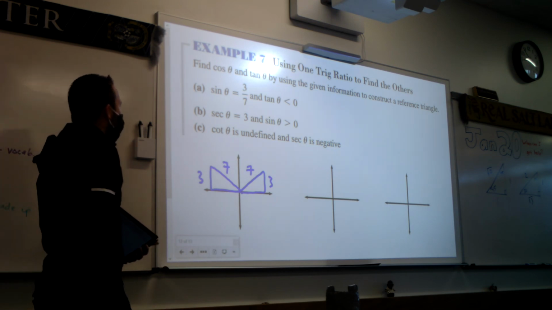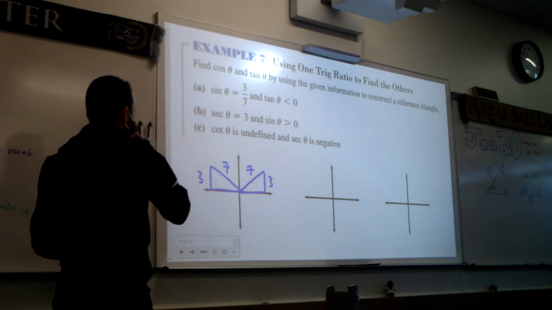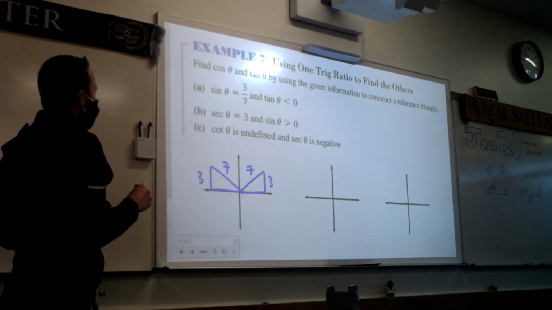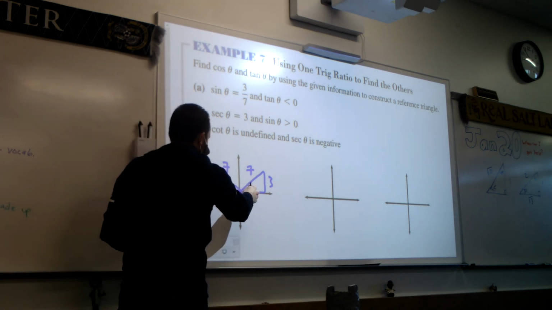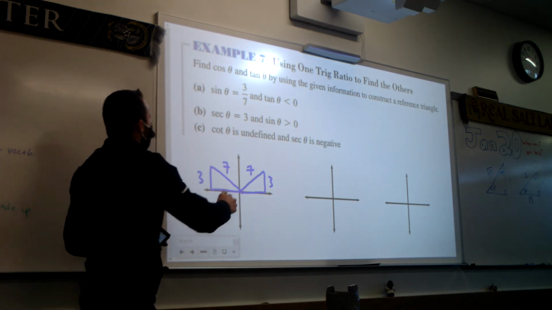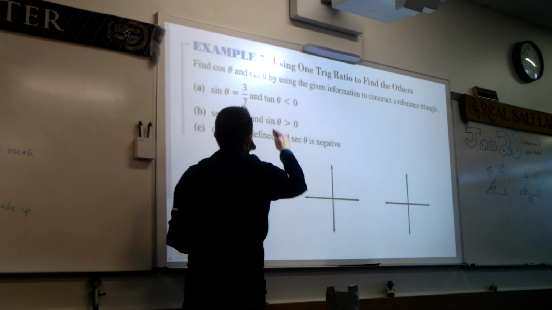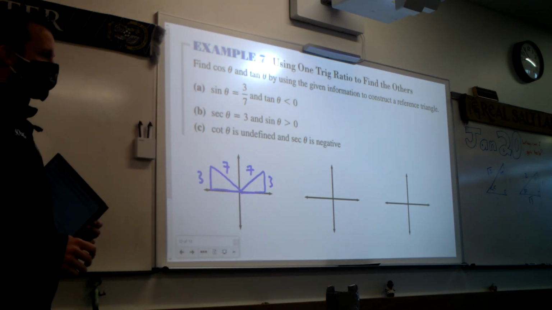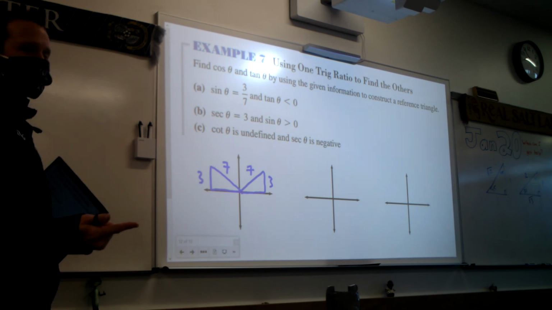Okay. Now, what this is saying is we want to find the cosine of theta and the tangent of theta based off of the data. Well, we don't know if theta is here or theta is there, because this first piece of information I just got that. But notice here, what does the second piece of information say? Tangent is less than 0, which means tangent is negative. What sides does tangent use?